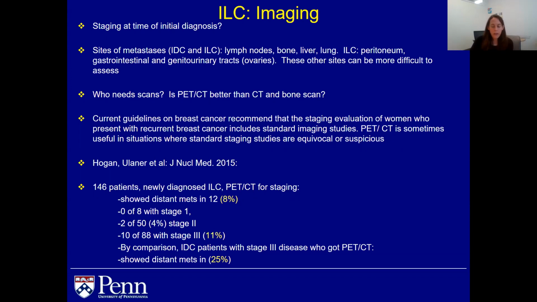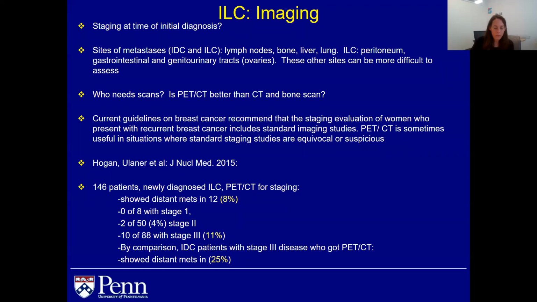And current guidelines also recommend that if you do have a recurrent situation, you start with standard imaging studies, but we know that PET-CT is sometimes useful in situations where standard studies are either equivocal or suspicious, but not quite diagnostic.